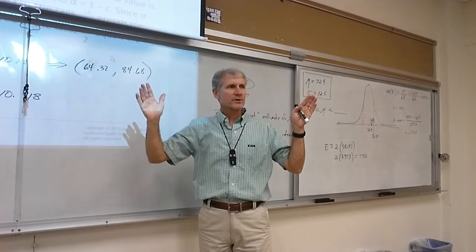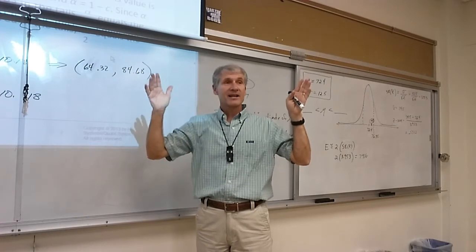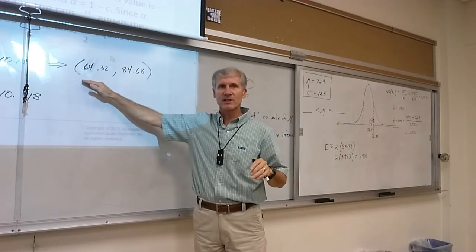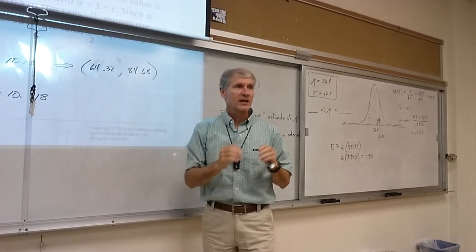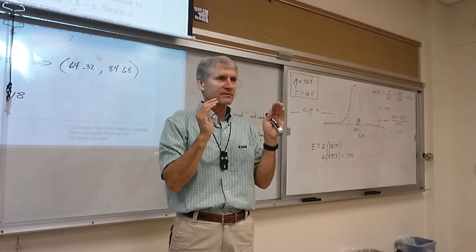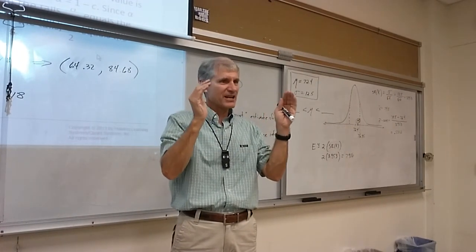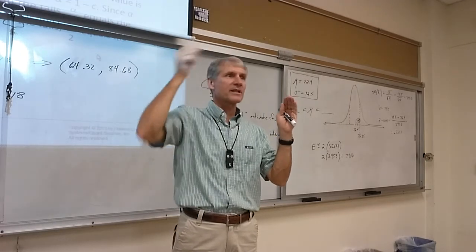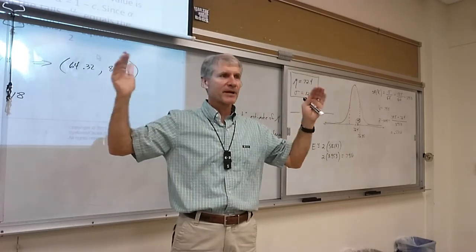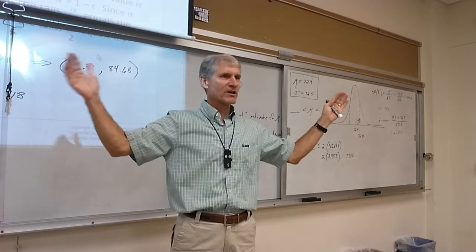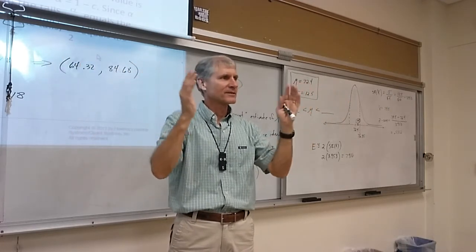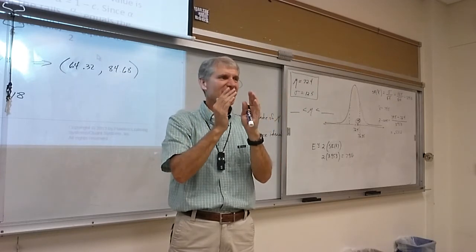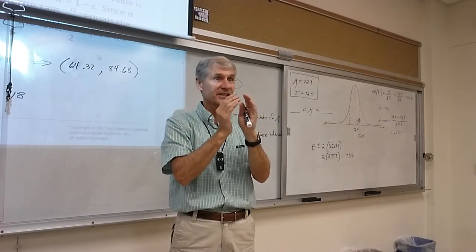It's an interval of numbers that we are highly confident, in this case 99% confident, that the true population mean falls in there. If I want to be more confident that the true mean is in here, I got to put more numbers in there. I got to make it wider. If I shrink it down and I start throwing away numbers, pretty soon I'm less and less confident that the true one is still in there.